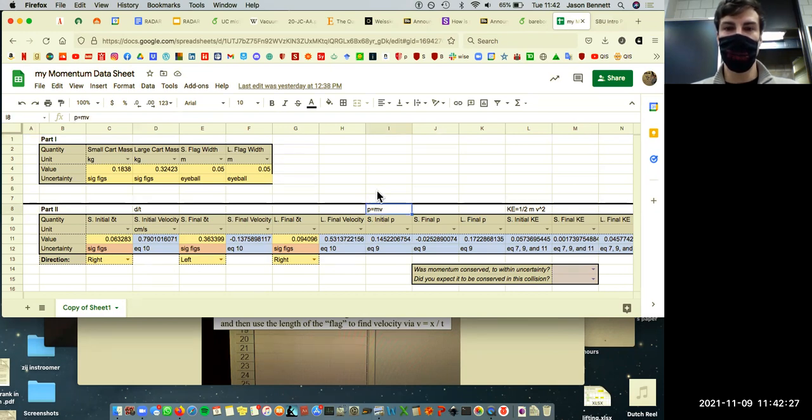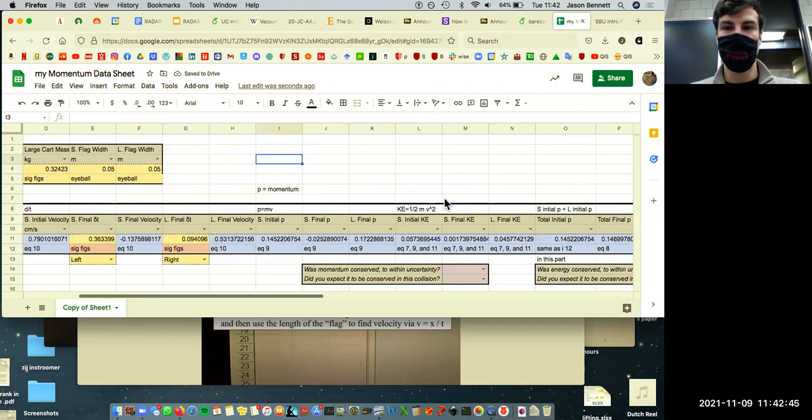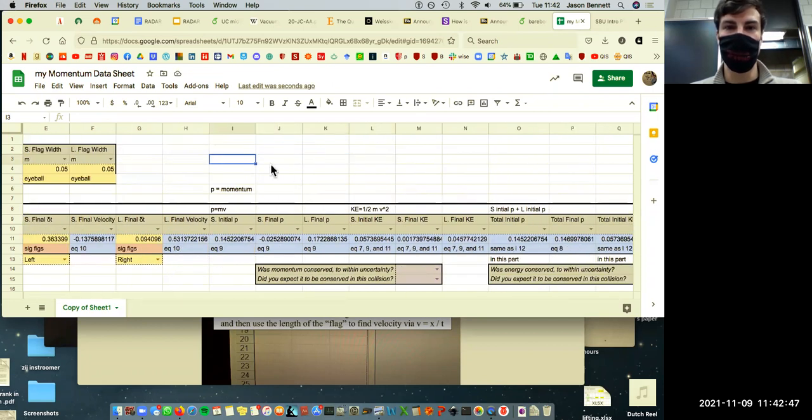So momentum, so P is another word for momentum. P equals momentum. KE is kinetic energy, and we know the formula for that, 1/2 mv squared. And P is mv. So our whole objective in lab is to say, is momentum conserved or is energy conserved? So we take the initial momentum, Pi, and ask, is that equal to Pf?